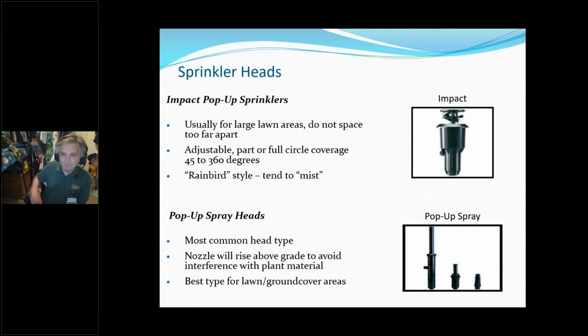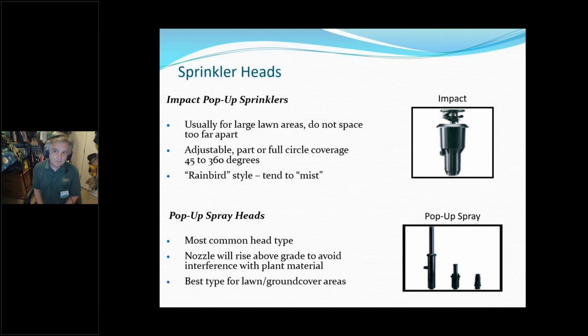These are big pop-ups that come up and water huge areas. So if you have a great big yard, a large lawn, you may have these types of sprinklers simply because they cover so much area.